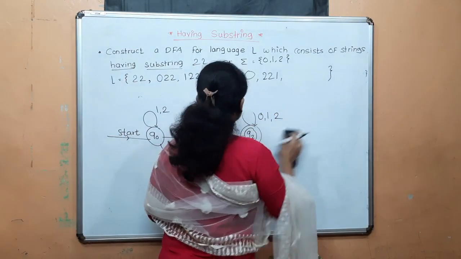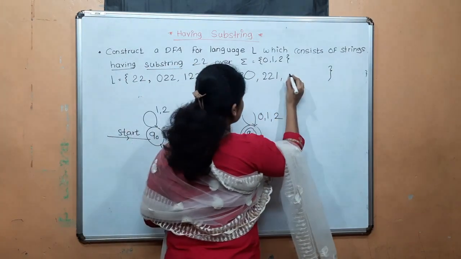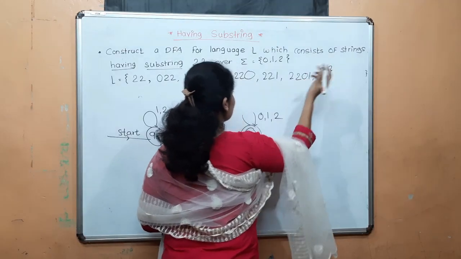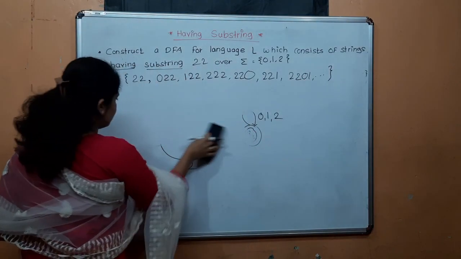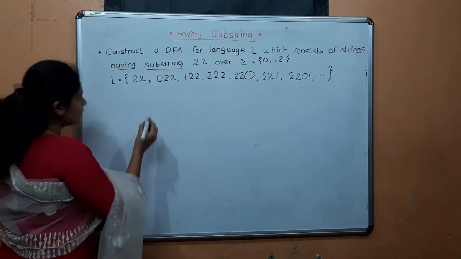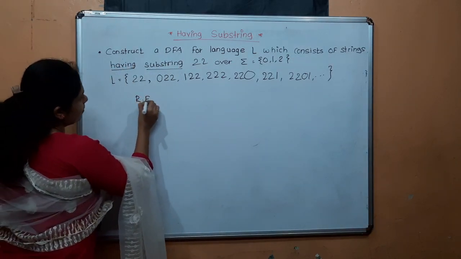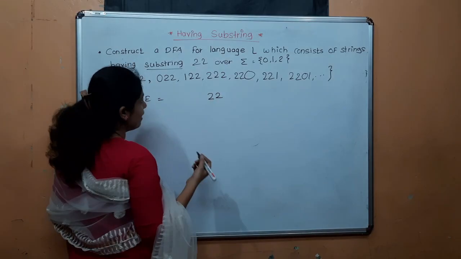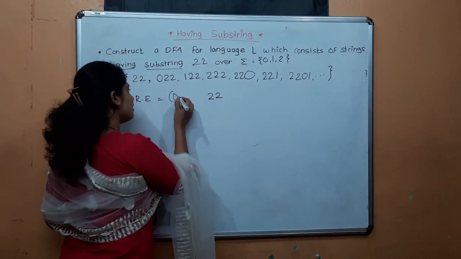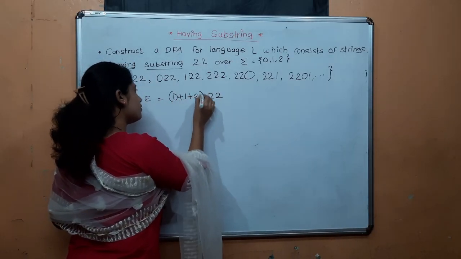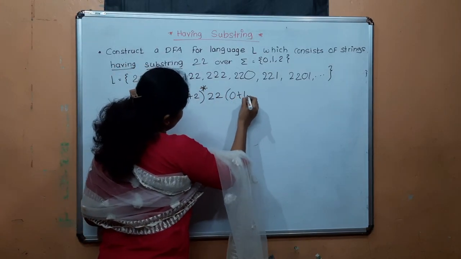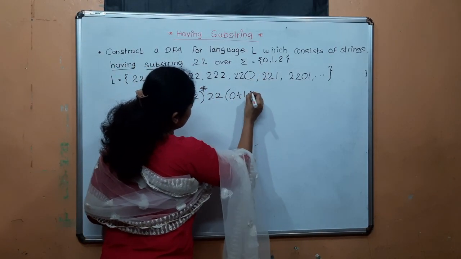This string will be like 2 2 0 1 and so on. So see here the regular expression will be, the condition is that the string has substring 2 2, so it can start with either 0 or 1 or 2, and end with either 0 or 1 or 2.